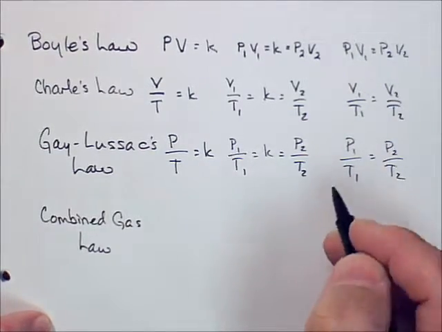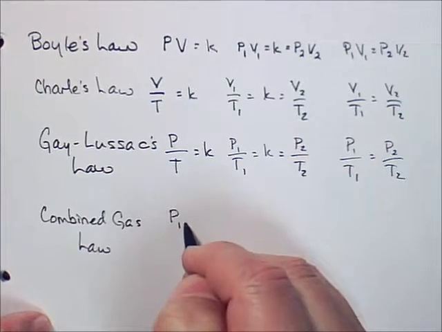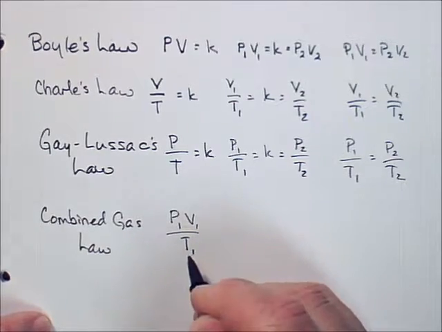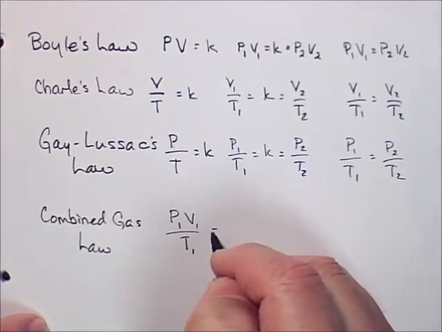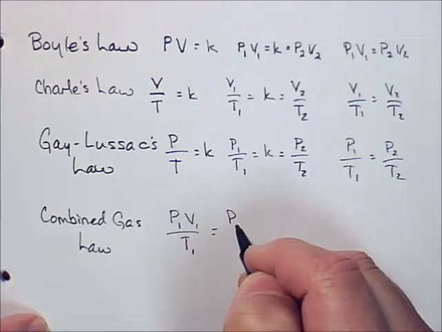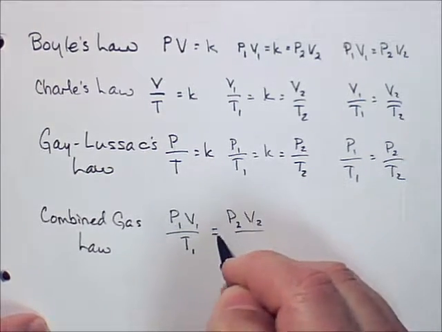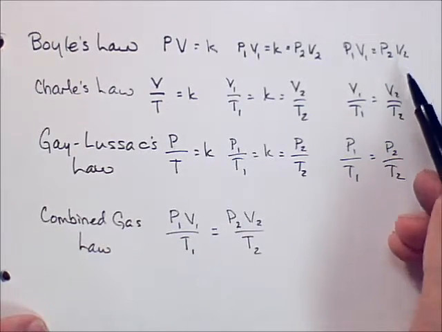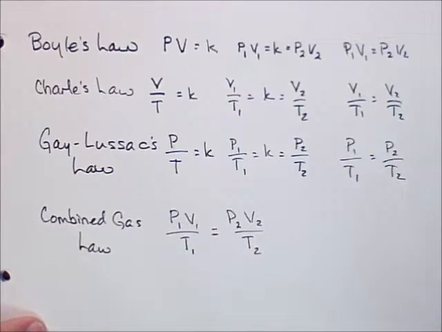Well, you put all those together, and you get this relationship, that pressure, volume, and temperature, put together in this fashion, equals some constant, which means if we change any one of these, the other variables are going to respond in a way that keeps those equal to some constant. And so we're putting these three together to get this combined gas law. So we're calling it the combined gas law.